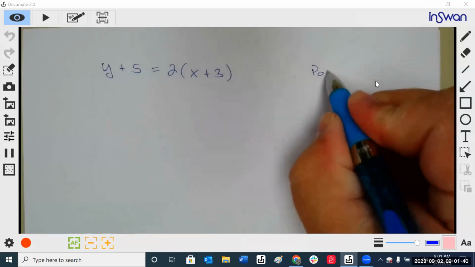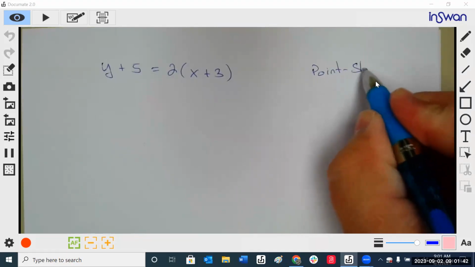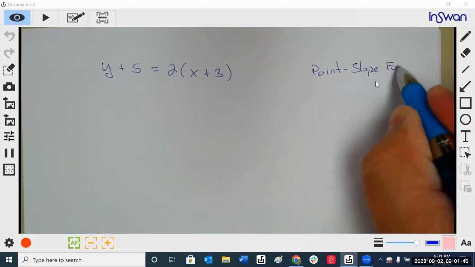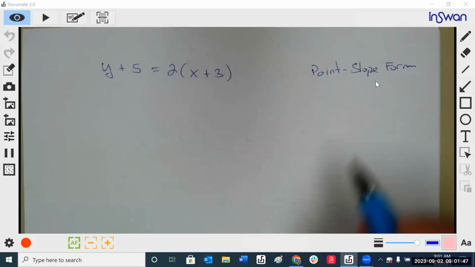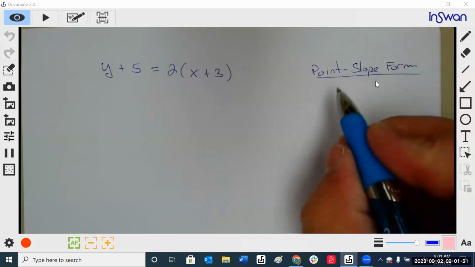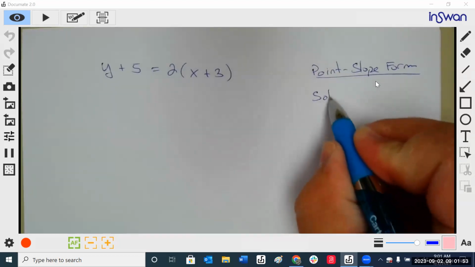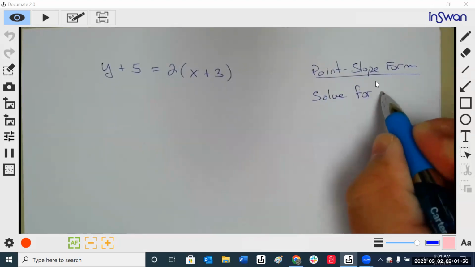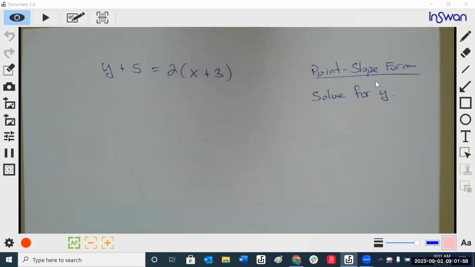This is the point slope form. What we want to do is solve for y.